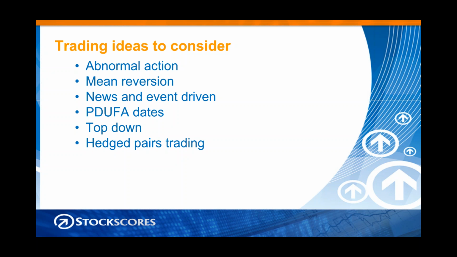And then another common algorithmic approach is hedged pairs trading. What that means is, say you want to do a hedged pair on banking stocks, you pick the strongest bank stock, let's say it's JP Morgan, and then you pick the weakest banking stock, let's say it's Goldman Sachs, and you buy the strongest one and you short the weakest one.